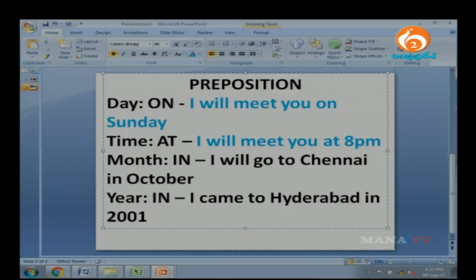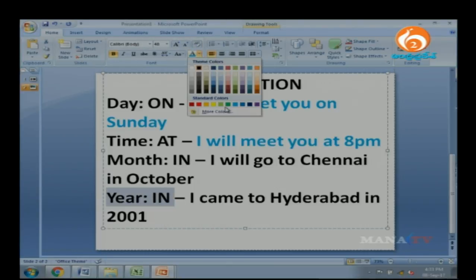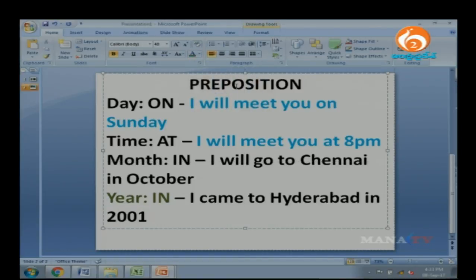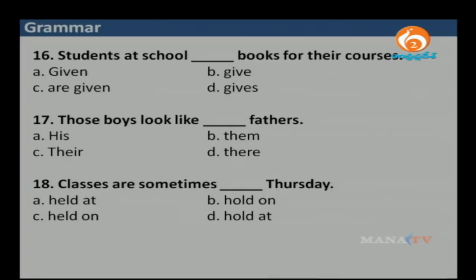I came to Hyderabad in 2001. So when I have a year, let me mark this. When I have a year, it's in. When I have a month, it's in. When I have time by the clock, then it's at. And if it's a particular day, it's on. Classes are sometimes held on Thursday because it's a day, I need to use on.